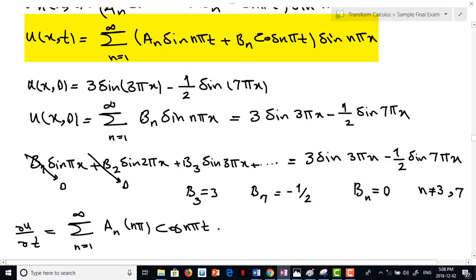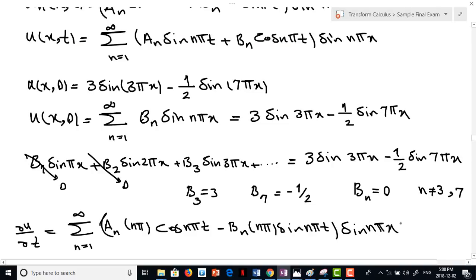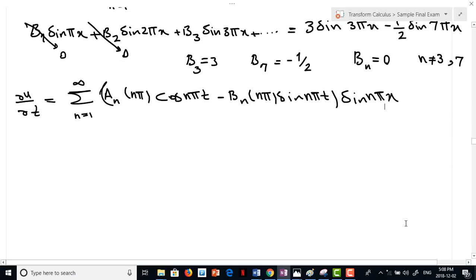The derivative of cosine is minus, so it's minus bn n pi sine n pi t, times sine n pi x. So the second initial condition says that the derivative of u with respect to t at t equal to 0 is equal to 5 sine 5 pi x.